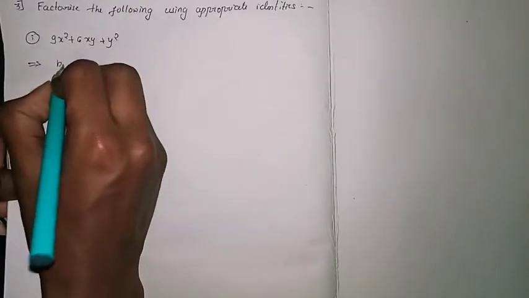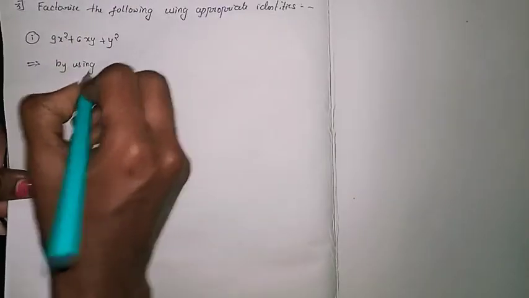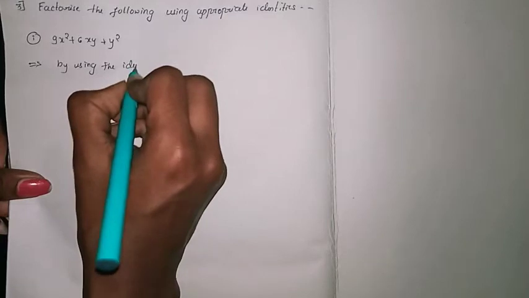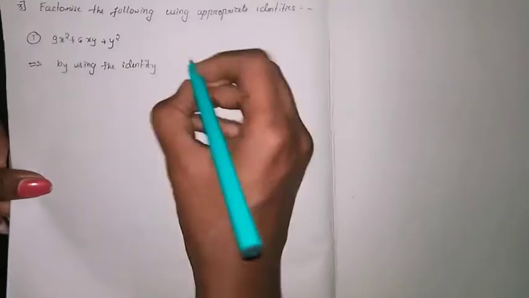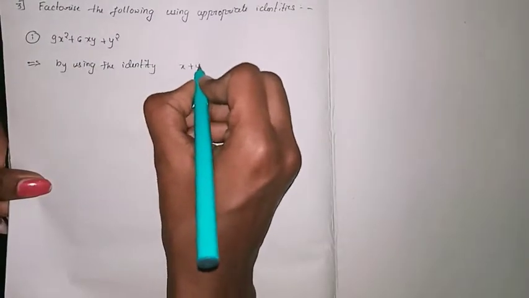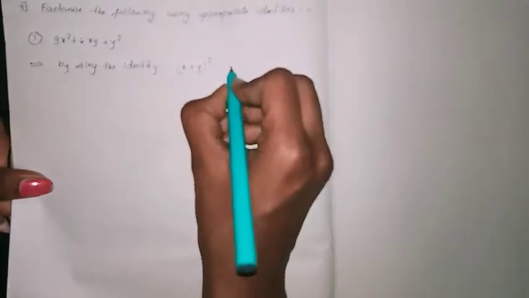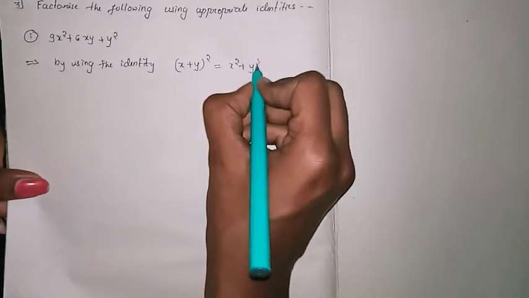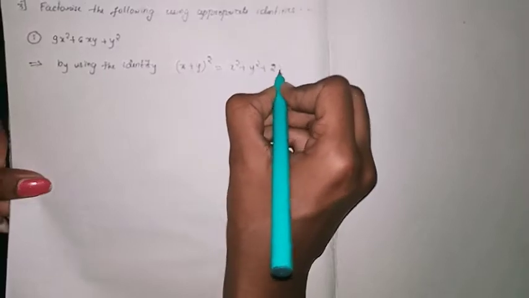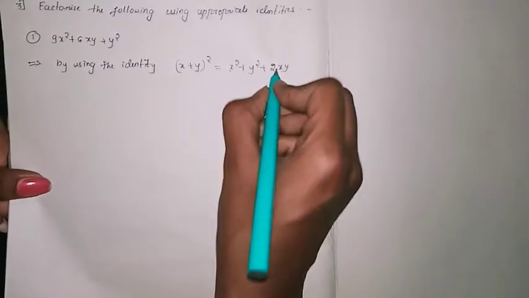Now you have got the identity: x plus y whole raised to square, which is equal to x square plus y square plus 2xy, or you can write x square plus 2xy plus y square, whichever is easy for you to remember.